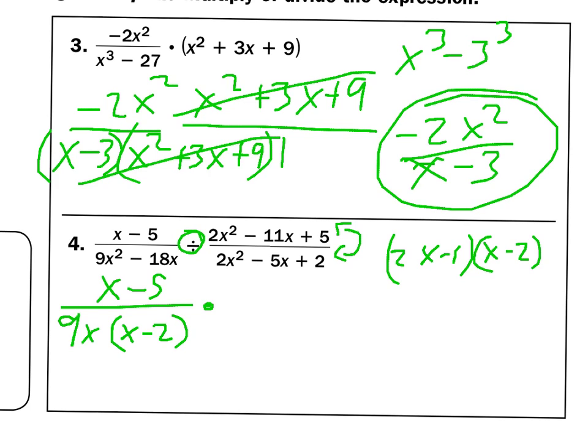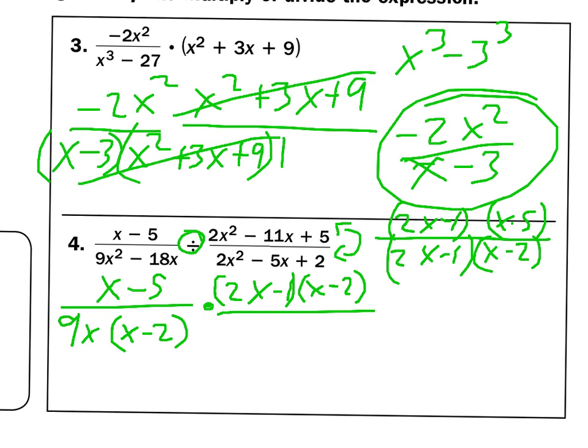I hope you see that. And the top one is 2x minus 1 and x minus 5. So when I flip those things, I get the 2x minus 1 and x minus 2 up here. And on the bottom, I get 2x minus 1 and x minus 5. You see the one that ends in 5 ended up on the bottom.